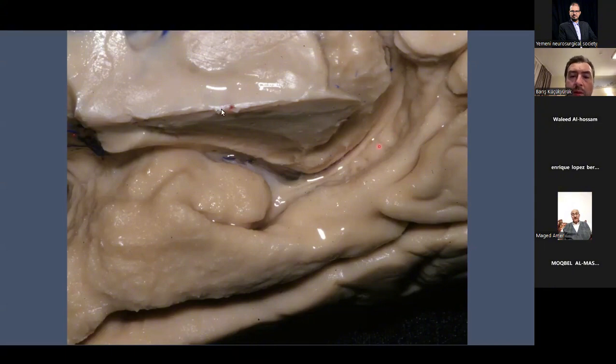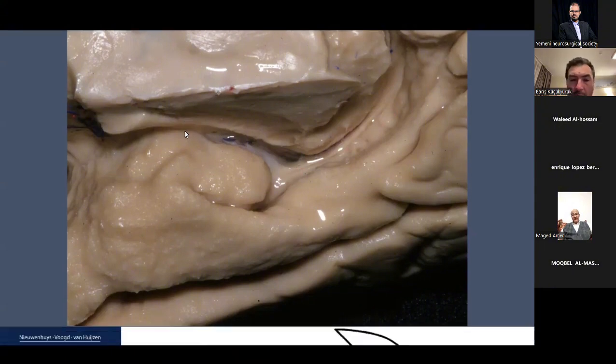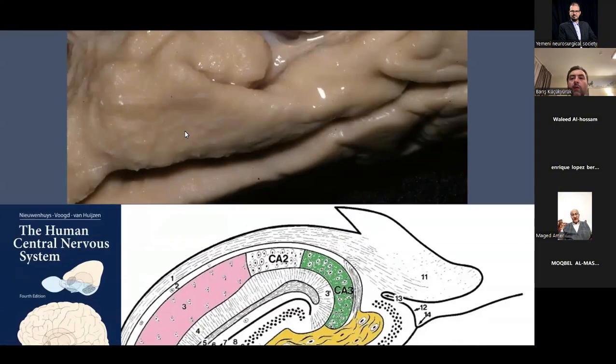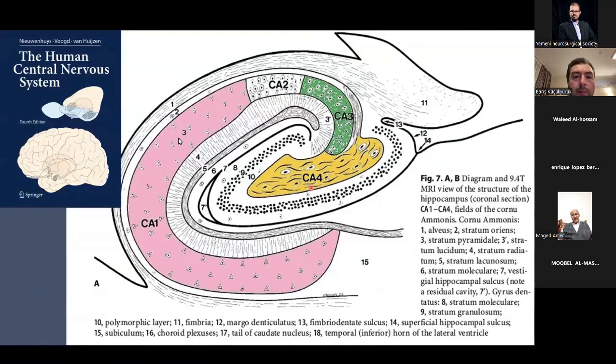And just please see here the dentate gyrus, because when we look for this view here, this is the number 12. Into detail with the CA1, CA2, and this turning hippocampal structure.